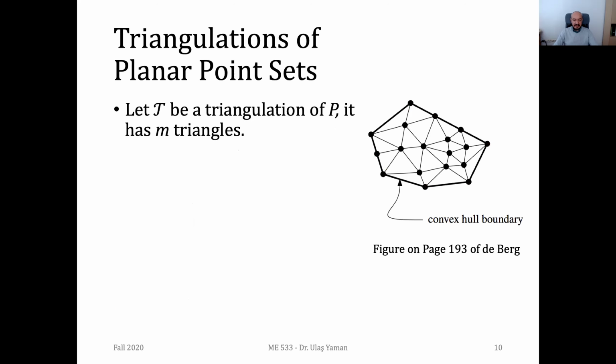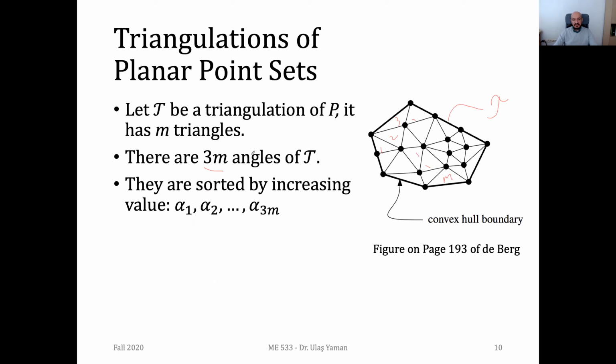Now assume that tau is an example triangulation of the given set P. So I can say that this is a triangulation tau, and it has m triangles. So 1, 2, 3, up to m number of triangles, and that means we will have 3 times m number of angles in this triangulation.